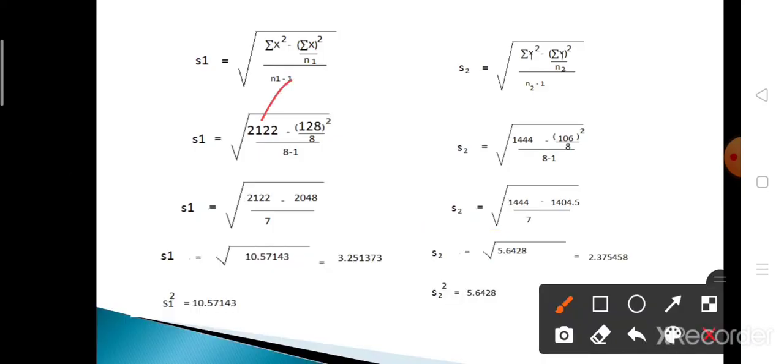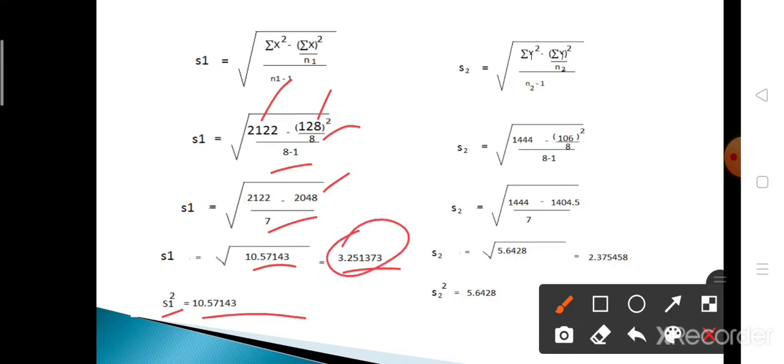Summation x square is 2122, summation x is 128 divided by n1 is 8, 8 minus 1. So 128 square divided by 8, that is 2048. 2122 minus 2048 divided by 7, so value is 10.57143 and the square root of that value is 3.251373. We need the value of S1 square, so just squaring this value, S1 square value is 10.57143.